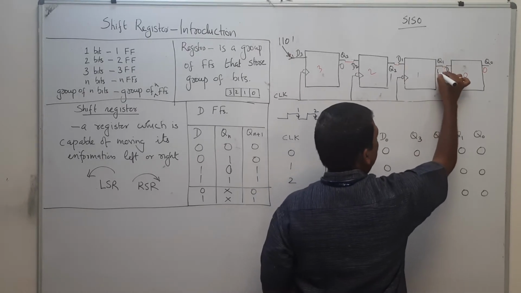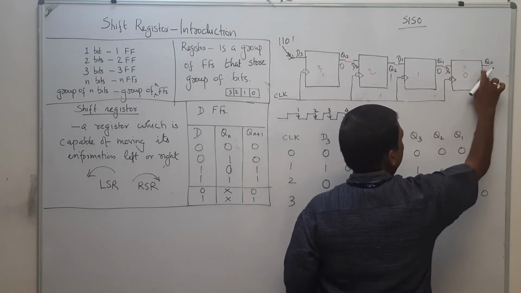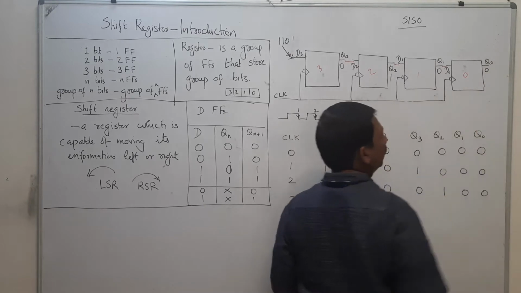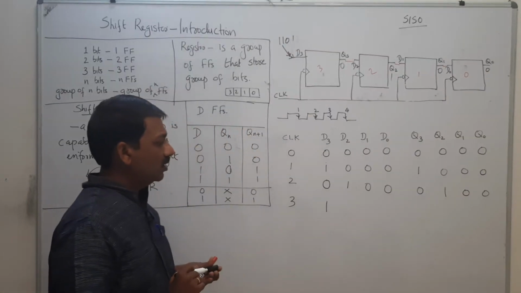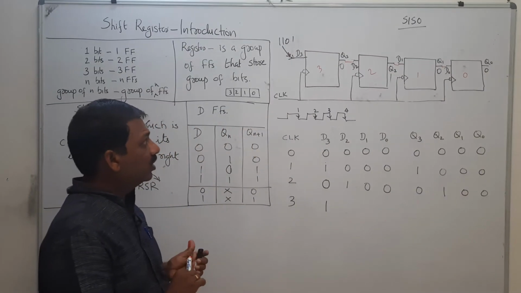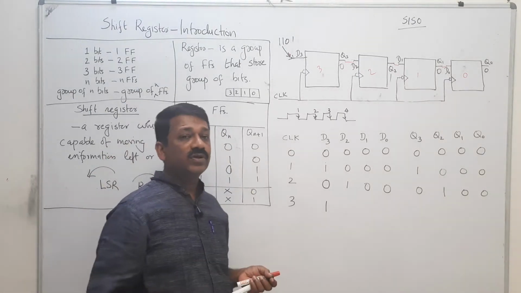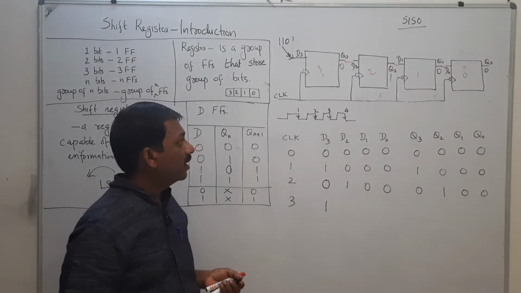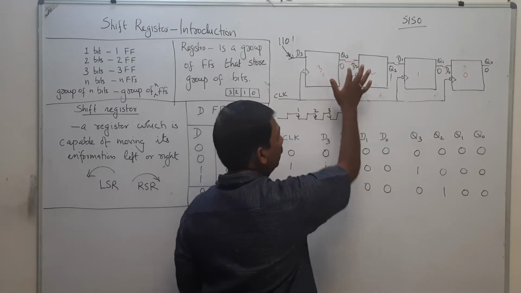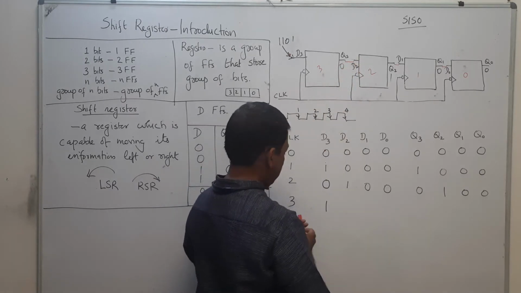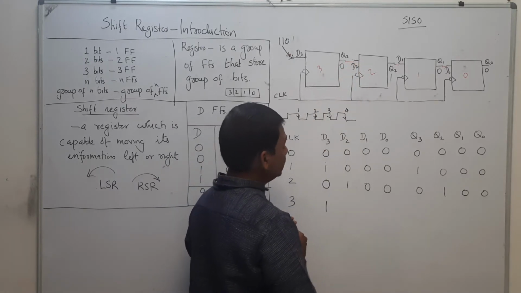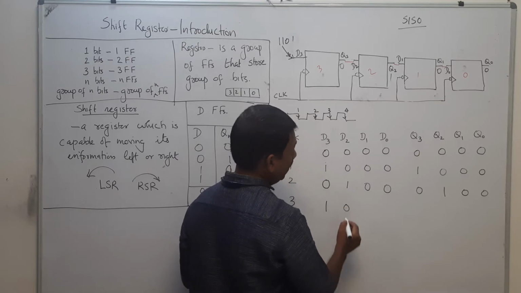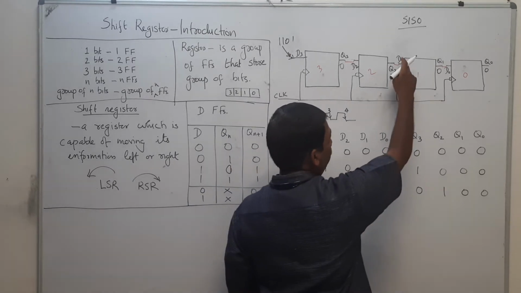This is 0 and this again is 0. Now I am going to give the next input as 1. What is the previous value of D2? That is Q3, which is 0. What is the value of D1?